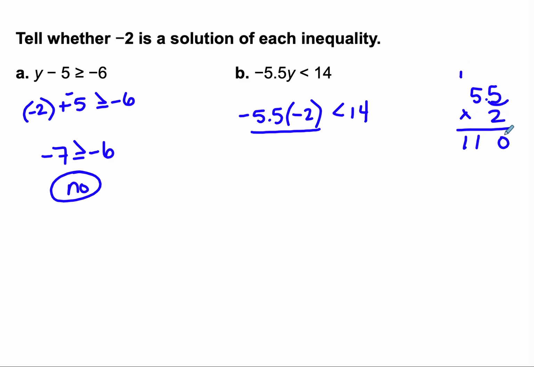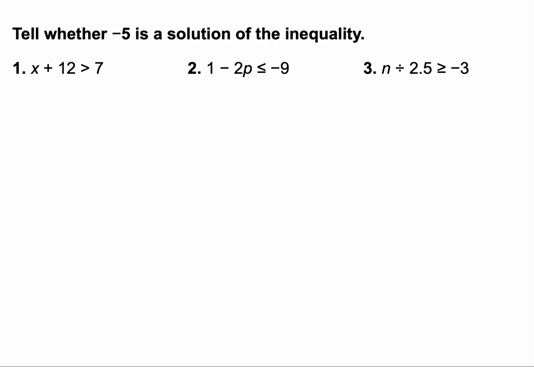One decimal in the problem, one decimal in the answer. And then these were both negatives. I should have written them over here when I wrote the problem. Same sign, answer is positive. So I have a positive 11 is less than 14. That is true. 11 is less than 14. So yes, negative 2 is the solution for that inequality. All right, go ahead and pause the video and try these next 3 on your own.